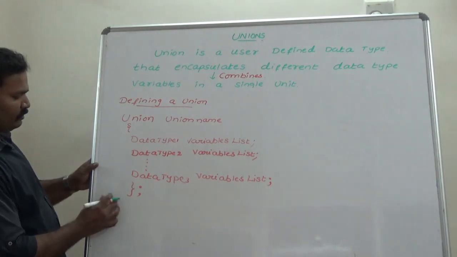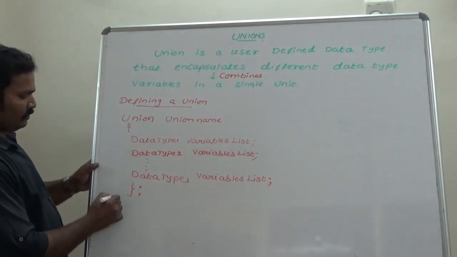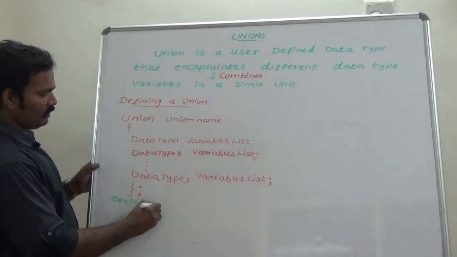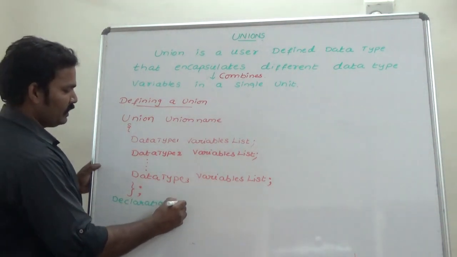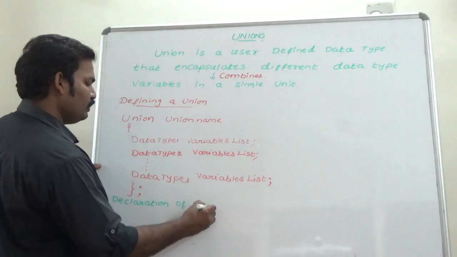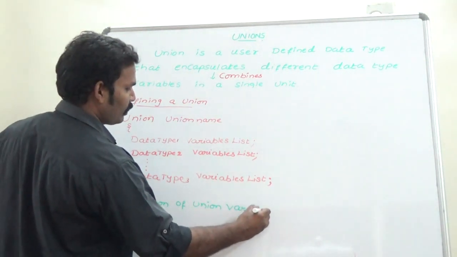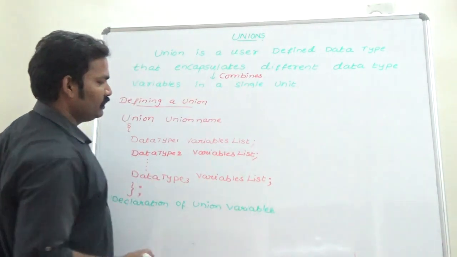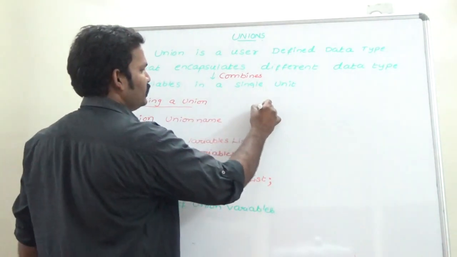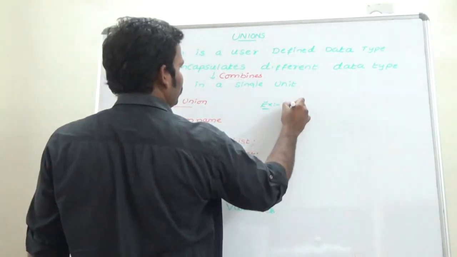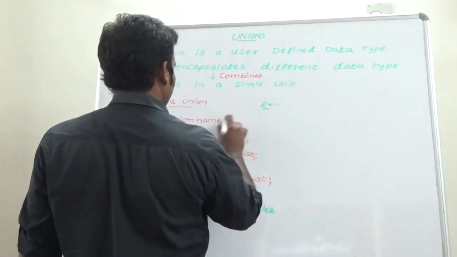Next, declaration of union variables. Okay, for example, suppose I want to define a union.